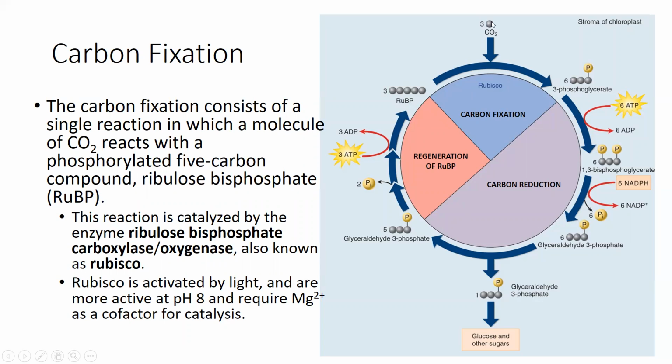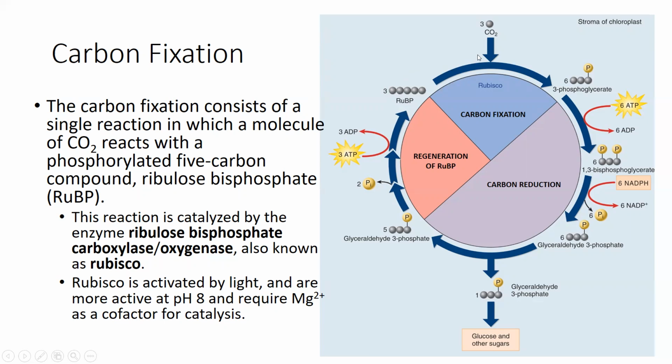carbon, okay, one sphere here represents 1 carbon atom. So a carbon dioxide reacts with a phosphorylated 5-carbon compound. This is the 5-carbon compound, 1, 2, 3, 4, 5. This is known as ribulose bisphosphate.